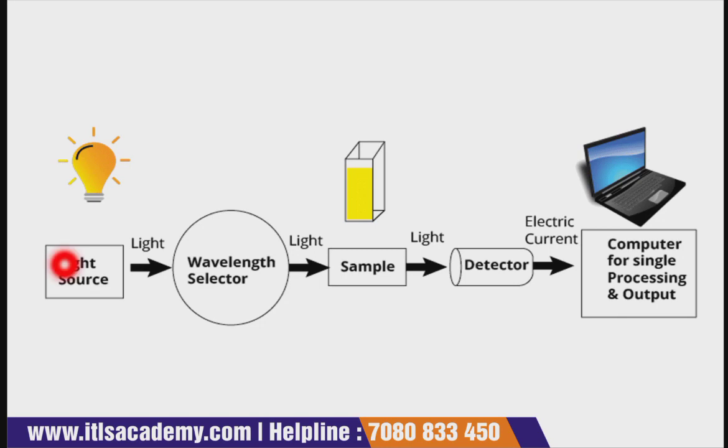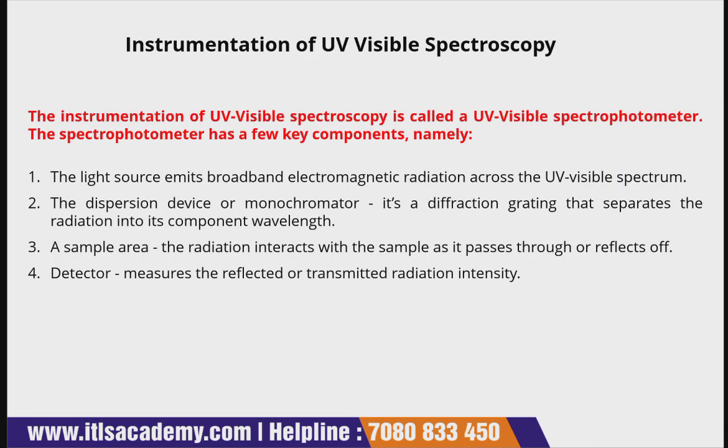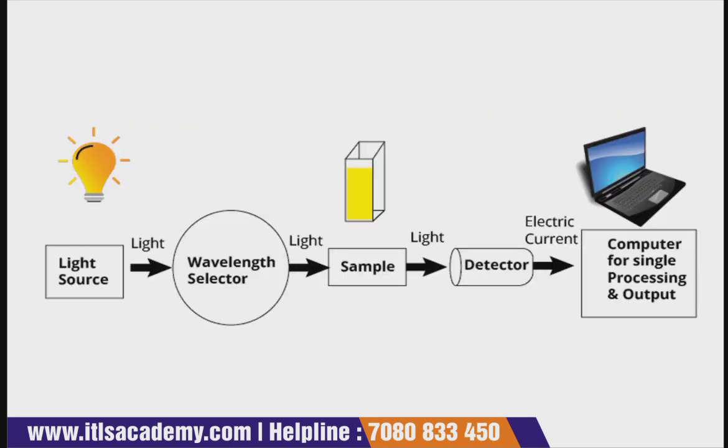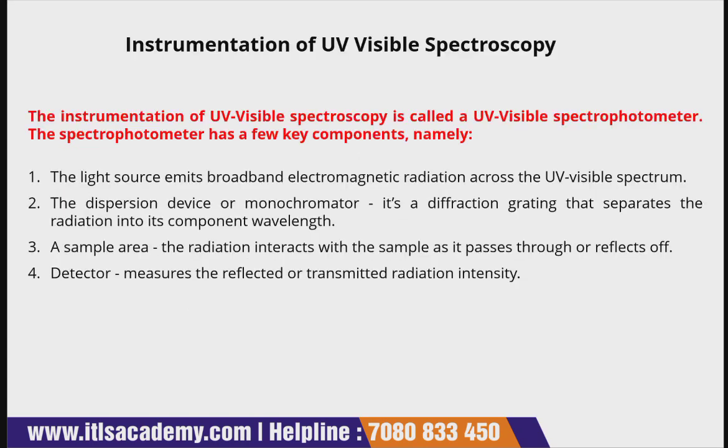Second is a dispersion device, or you can say monochromator, that is known as the wavelength selector. Then they have a sample, then a detector, and at the last a computer for signaling.